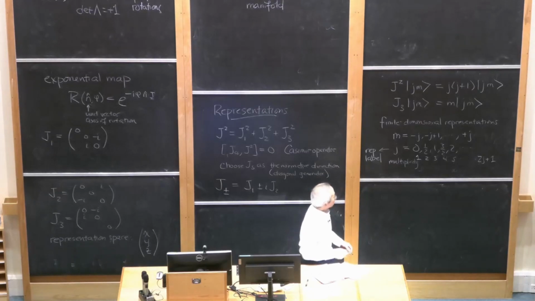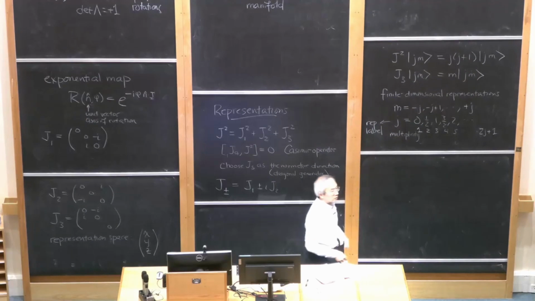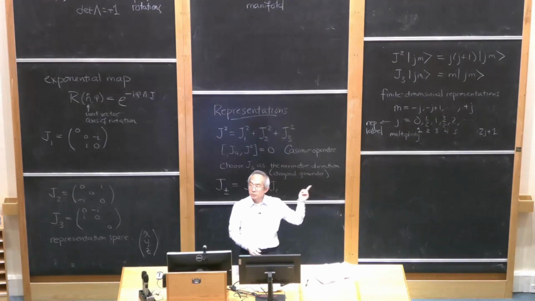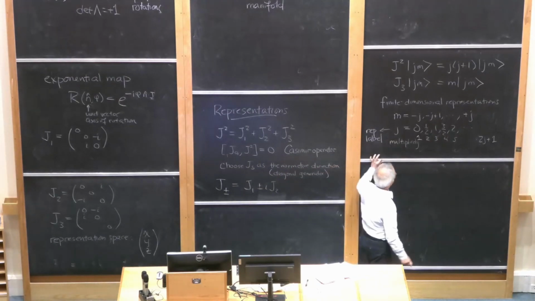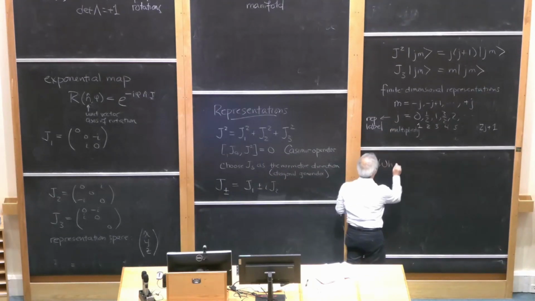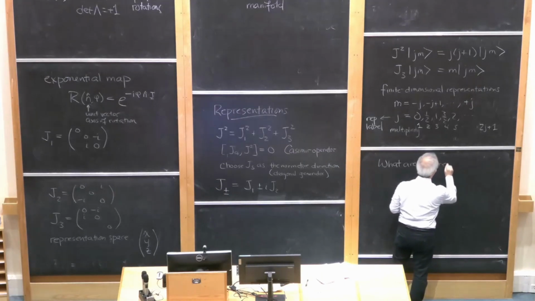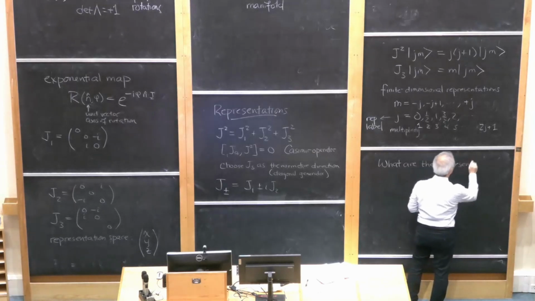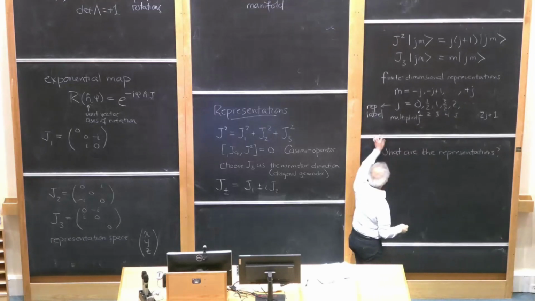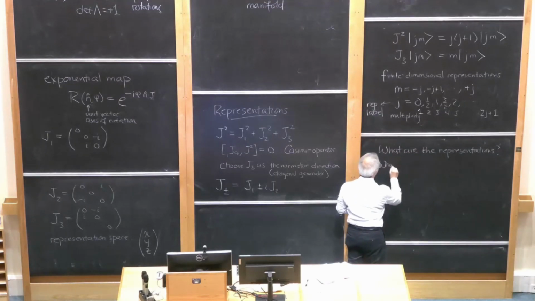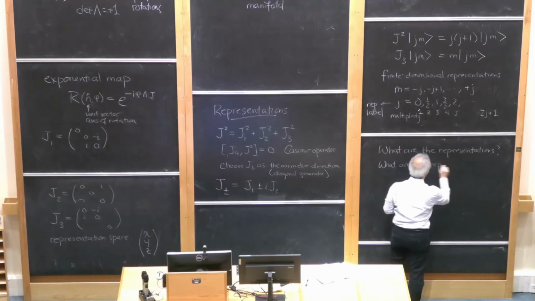But then, now that we're talking about this in a somewhat more general context of group theory, it's worth asking, what in the world are these representations? Or perhaps more specifically, what are the representation spaces?